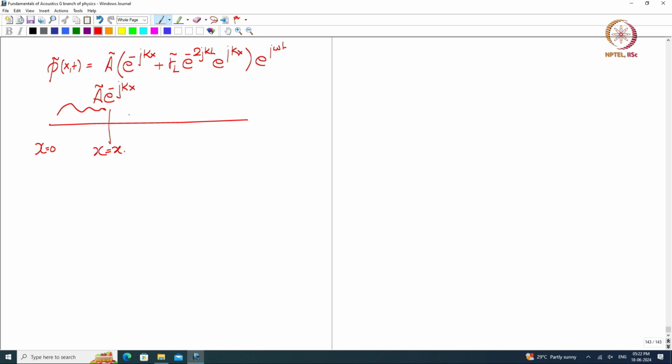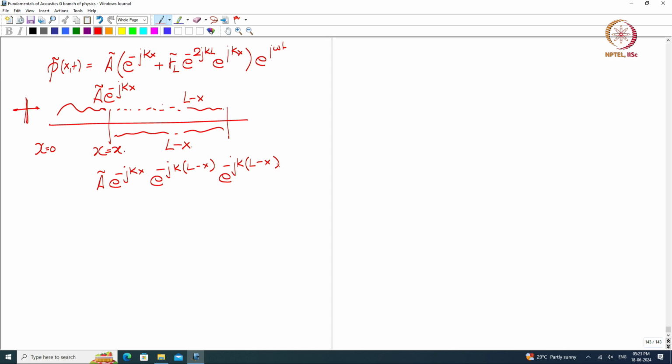Okay. Then, because the excitation piston is persistently exciting, it is not stopped. So, this wave goes a certain length, L minus x, and it comes back another L minus x. So, what will it do? A tilde e to the power of minus j k x e to the power of minus j k (L minus x) e to the power of minus j k (L minus x).